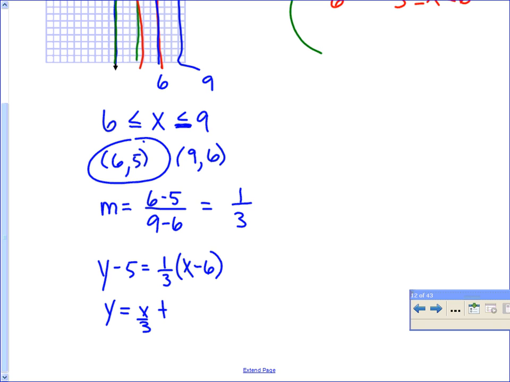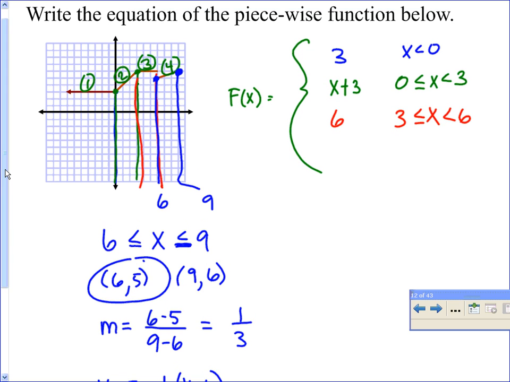Sorry, it was right, y equals x over 3 plus 3. And this time it's from 6 up to 9. And so there we have the equation of our piecewise function.